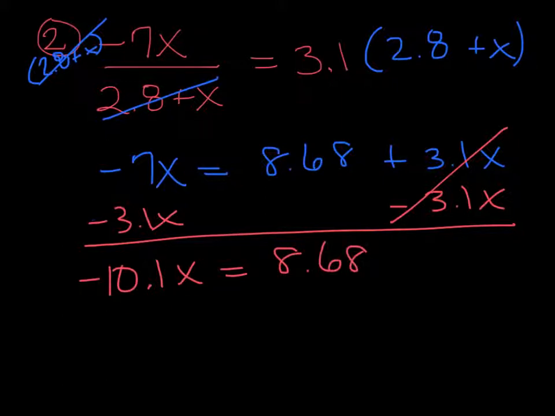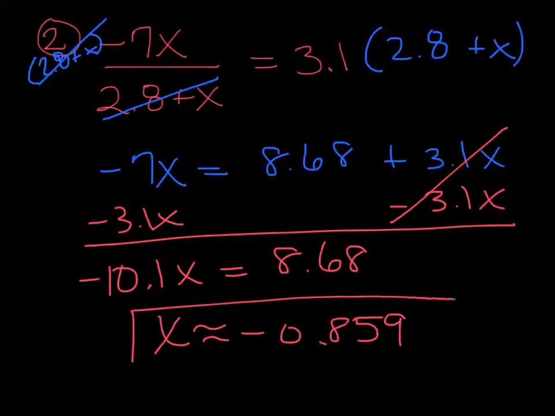I divide out the 10.1, I get x to be, now this one started out in decimals, so I'm going to leave everything in decimals because that makes sense. So I get a negative 0.859 when I divide out that 10.1. So hopefully those 2 examples give you a couple more problems to look at when you're doing your homework.